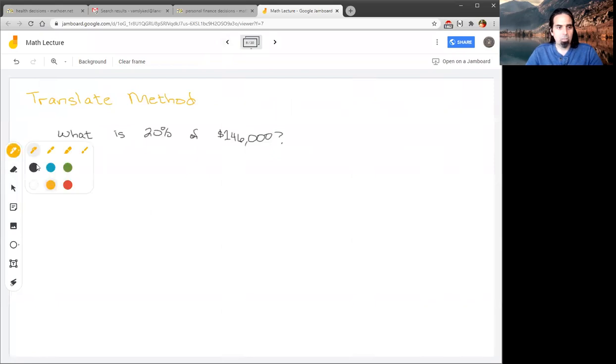The translate method says that what becomes your letter, is becomes equals, of becomes multiply.